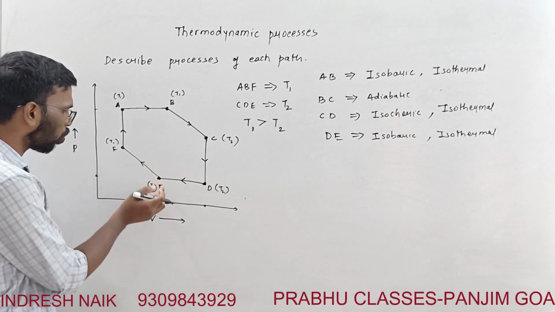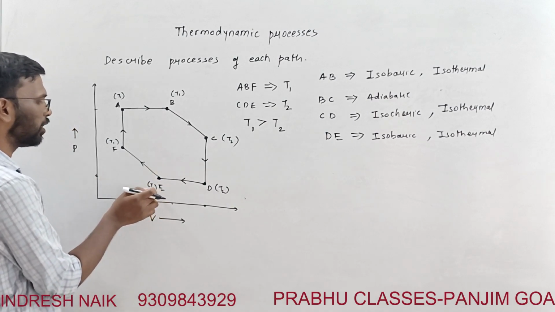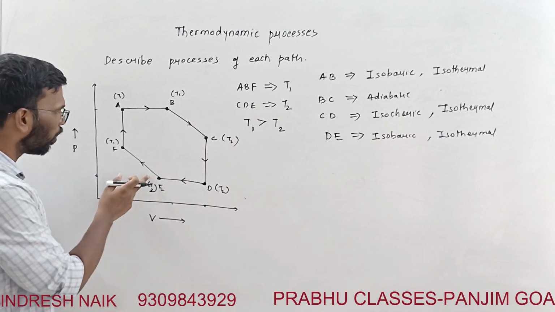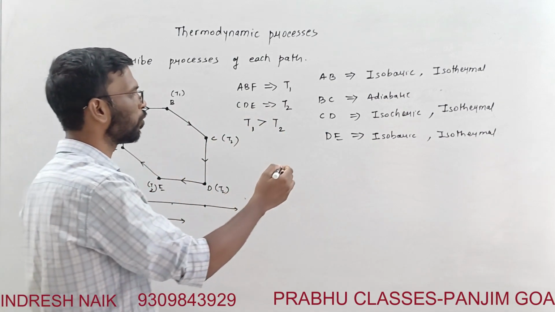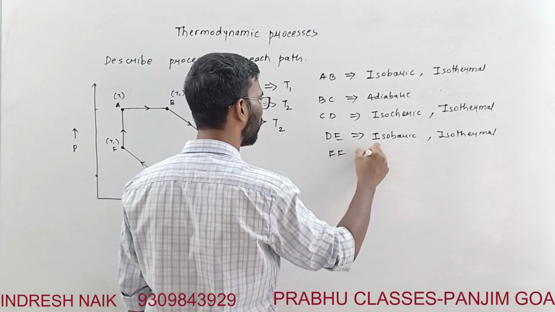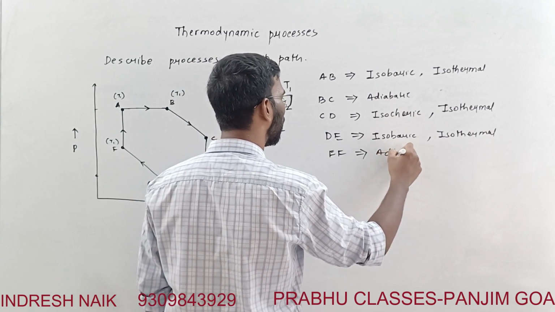From here to here it is a compression, volume is changing and temperature is falling from T2 to T1. T2 is less, right? So what is this? With compression temperature falls. So E to F, it is again an adiabatic process.